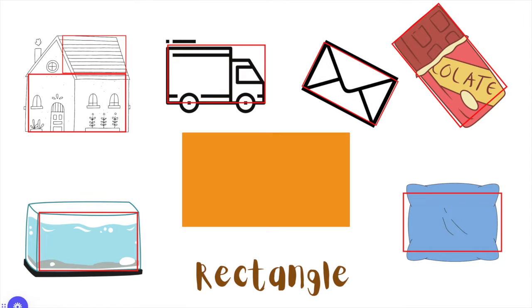Sometimes we just need one rectangle, and sometimes we need a couple of rectangles together. And sometimes we even use some other shapes as well, like triangles or circles or arches. So that's that. And remember, a rectangle has 4 sides, and 2 of the sides are longer. That's how we can recognize a rectangle.